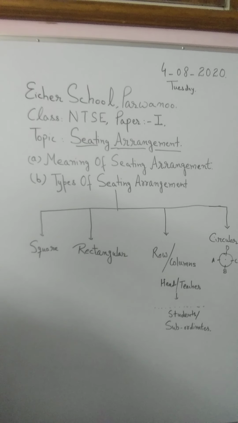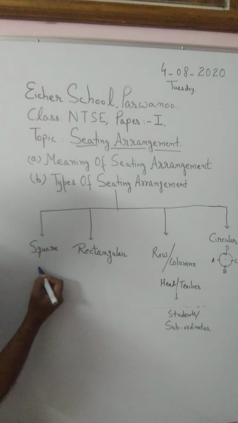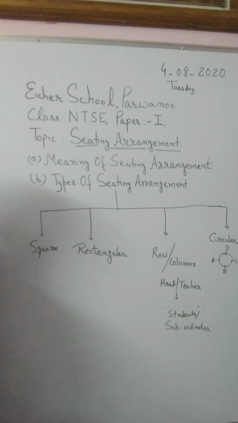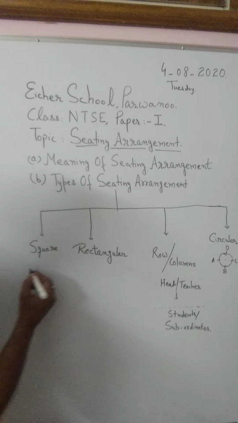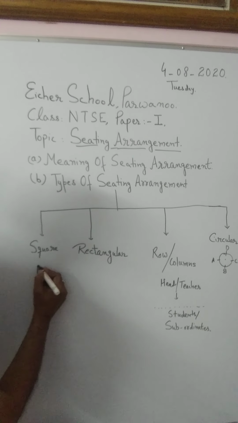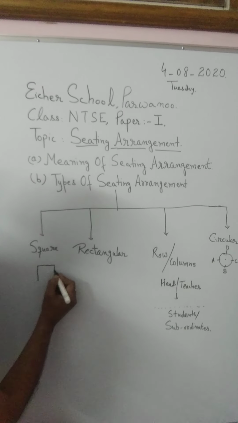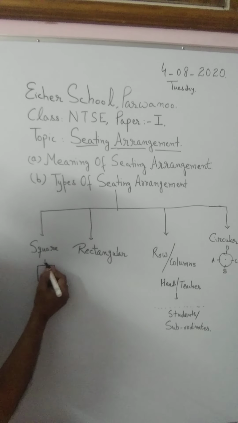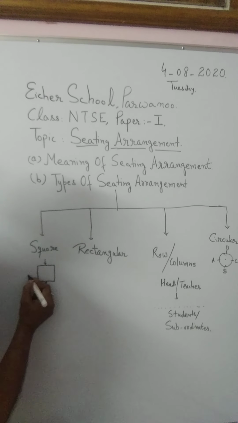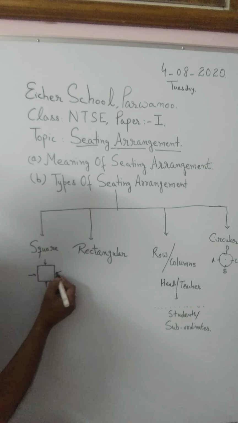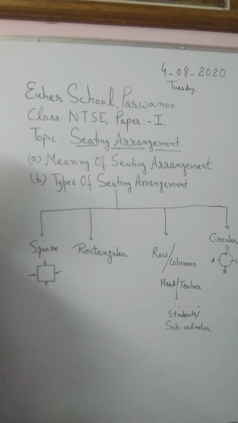In square form, generally a square table is placed and the candidates are allowed to sit facing each other in the center of the table. All the sides are equal, that is the main thing about this square table.